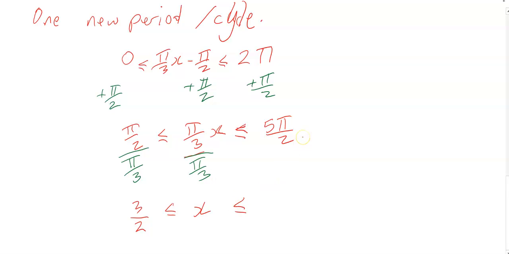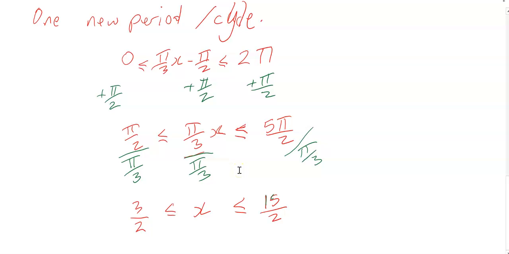You divide this side also by pi over 3, and you'll be left with 15 over 2, which is 7 and 1/2.